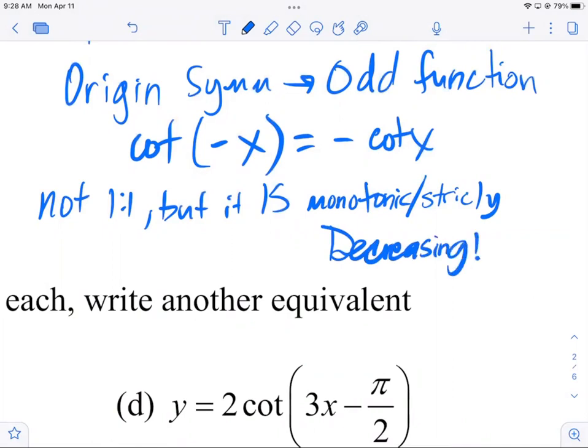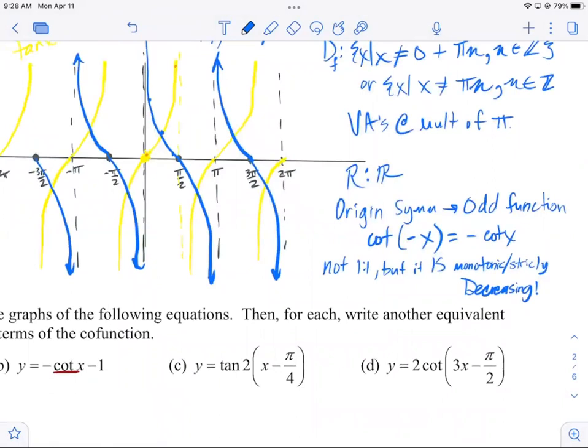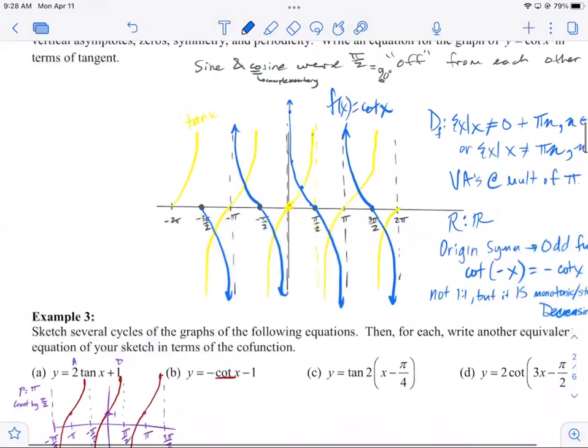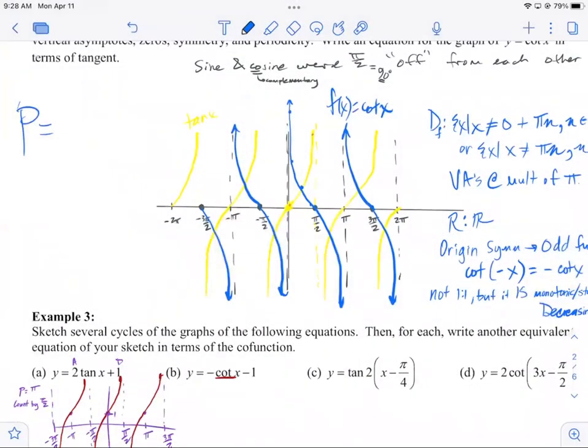It's a decreasing function. Tangent is increasing and passes through the origin. Cotangent is decreasing and has a VA at the origin. One last thing here off to the side. What is the period or wavelength? How often does this graph repeat? Pi. Just like tangent, it repeats every pi.